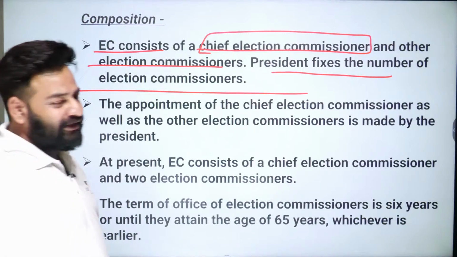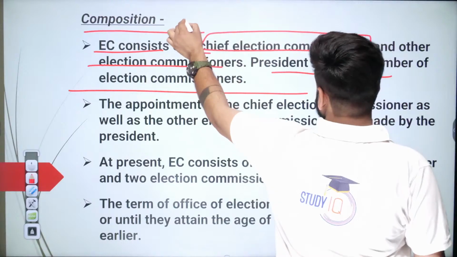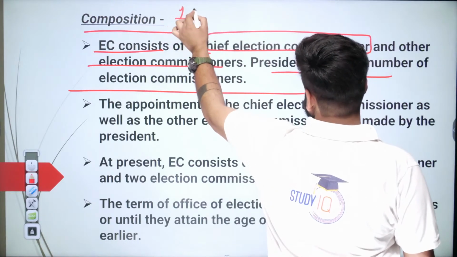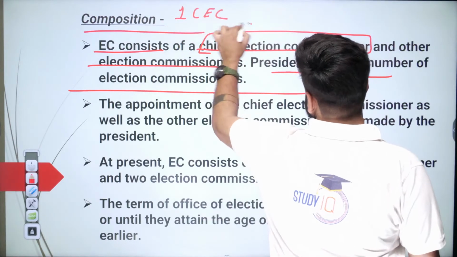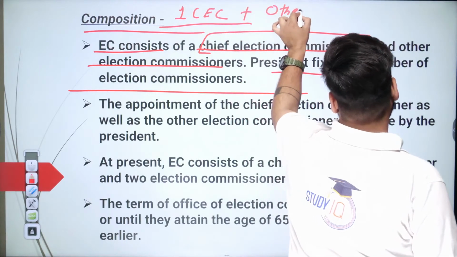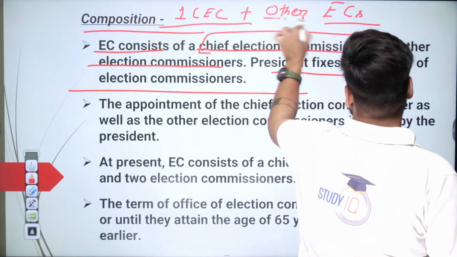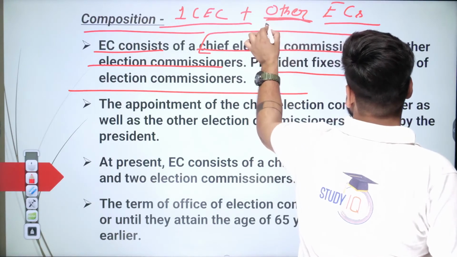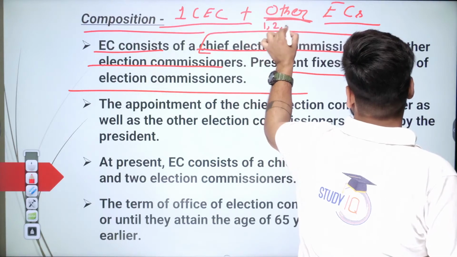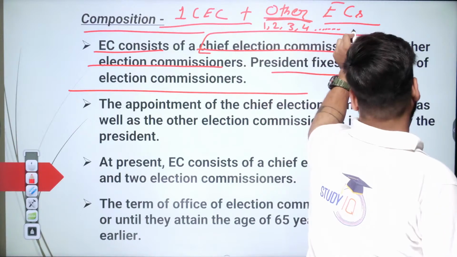So technically, when we talk about the composition, it has one Chief Election Commissioner plus other election commissioners. How many of them? It could be 1, 2, 3, 4, etc. And who is going to define the numbers?